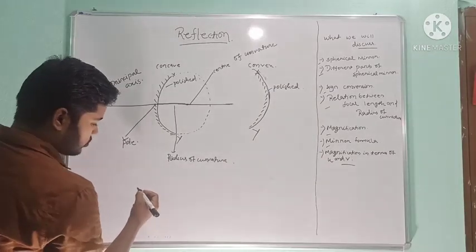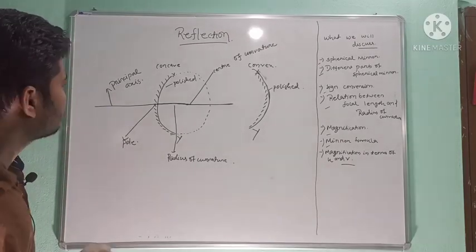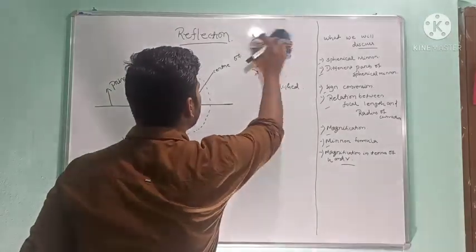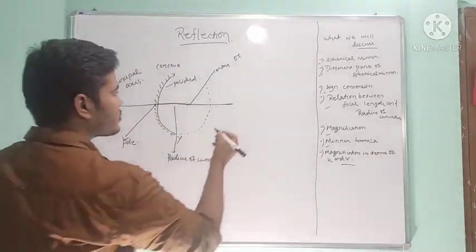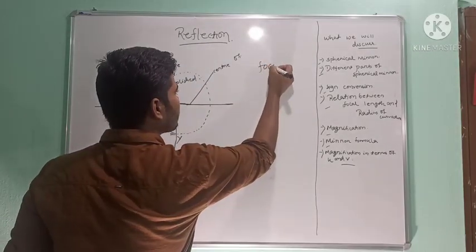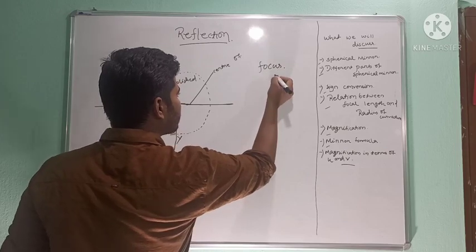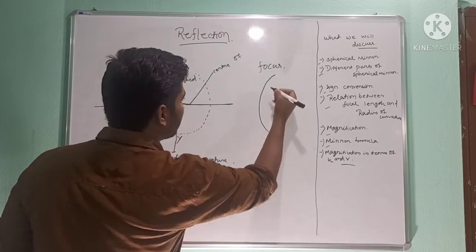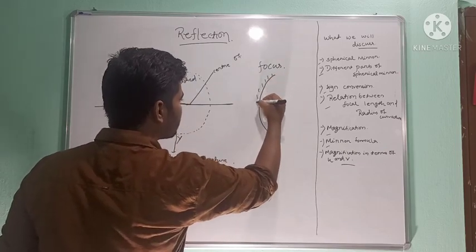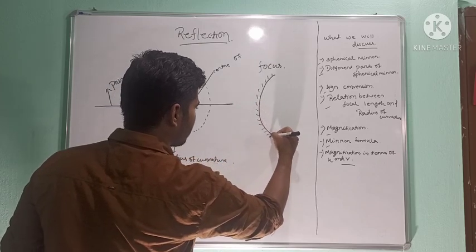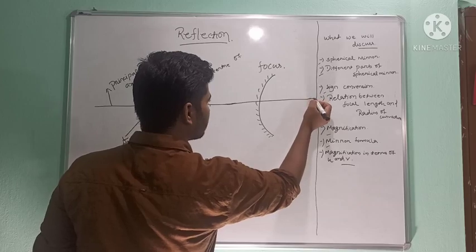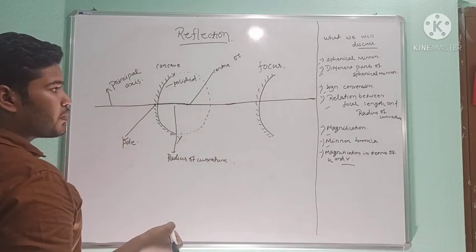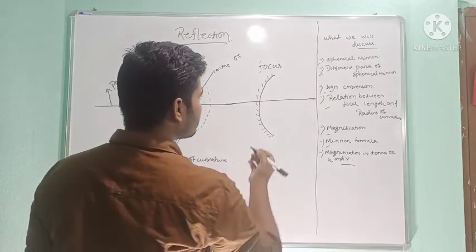Then what is focus? For focus I have to draw another figure. So focus in a concave mirror. This is a concave mirror. Generally the rays which are falling on the concave mirror are converging in nature.